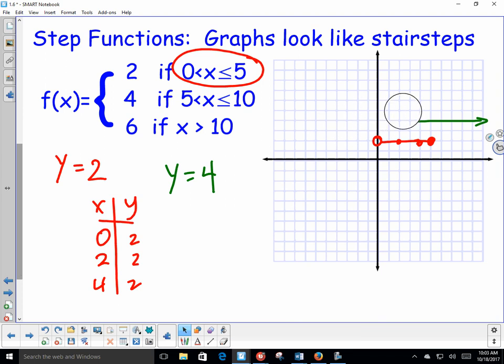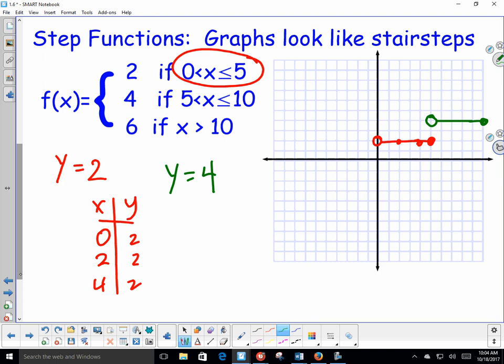So I don't want all this. I only want it from 5 to what? And you're saying I want an open circle? Open circle at 5 and a closed circle at 10. So something like this. Do people agree with this?